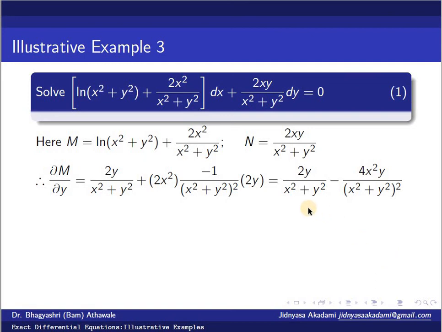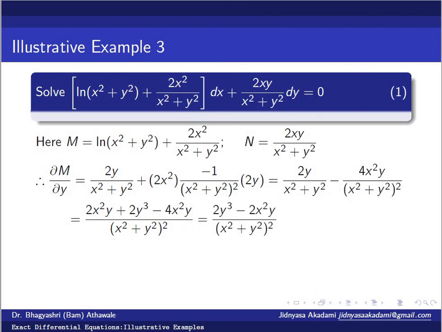Now denominators are x square plus y square and x square plus y square bracket square. So if we take LCM, we have to multiply numerator of this fraction by x square plus y square. So by doing that, we get 2x square into y plus 2y cube minus 4x square y divided by the bracket x square plus y square bracket square. Which is nothing but 2y cube minus 2x square y divided by x square plus y square bracket square. Now we will calculate ∂n/∂x.